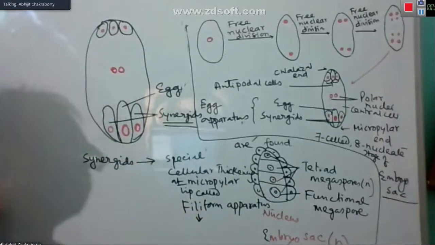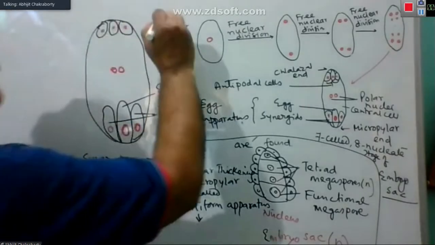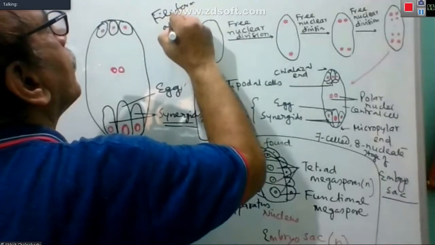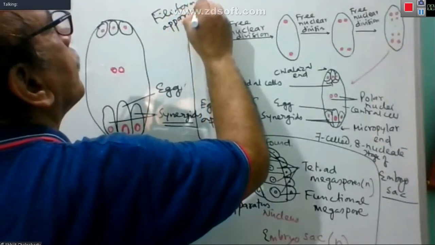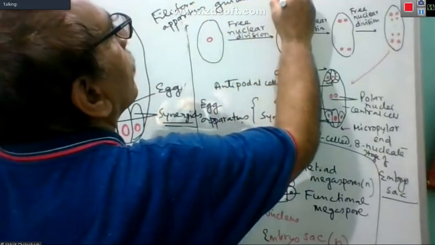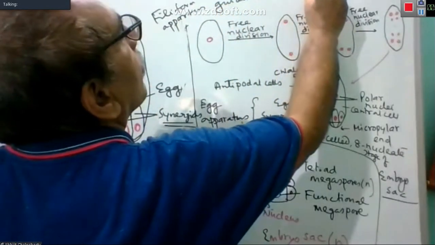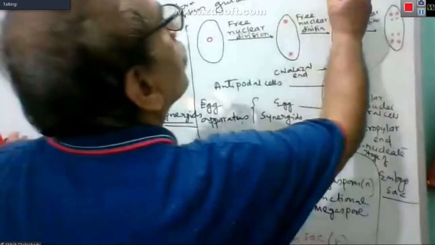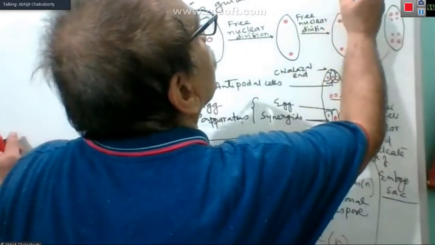The role of filiform apparatus is to guide the pollen tube towards the embryo sac.